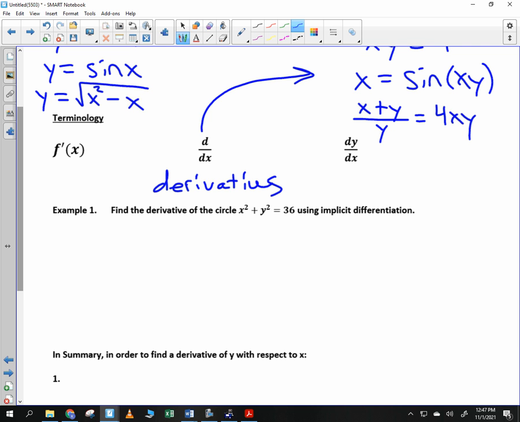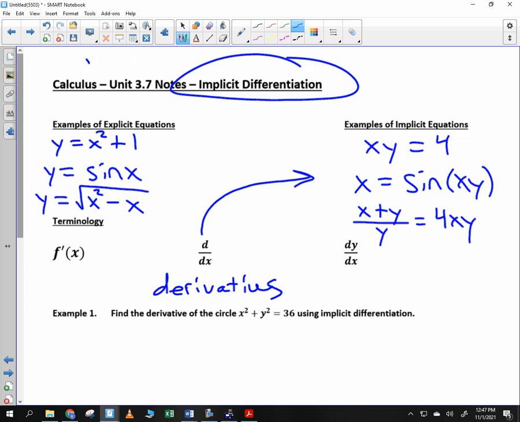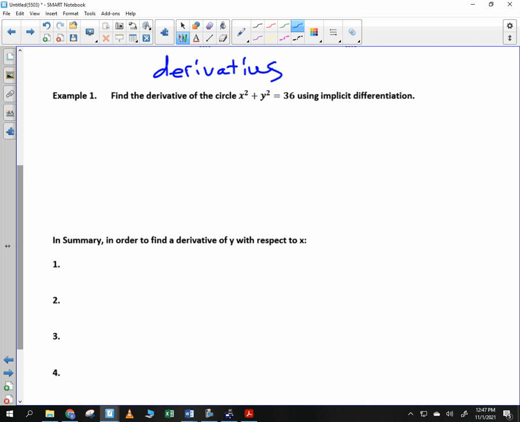Let us take the derivative. Instead of using f prime notation or y prime, I'm going to use d over dx, and I'll show you what it looks like. The derivative of the following function.